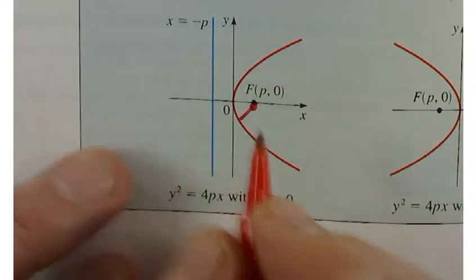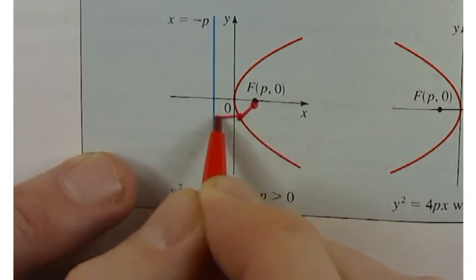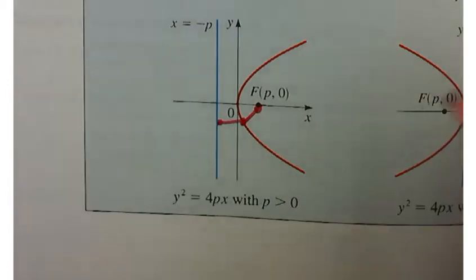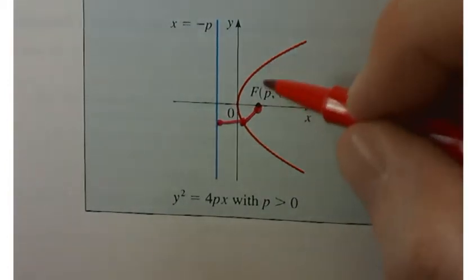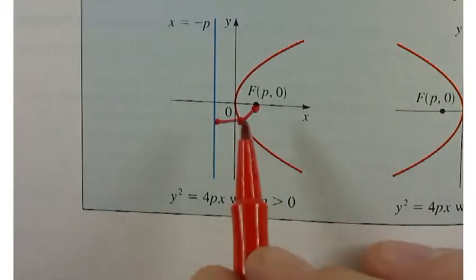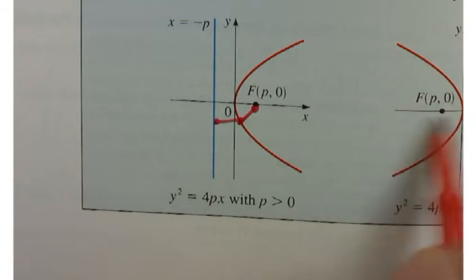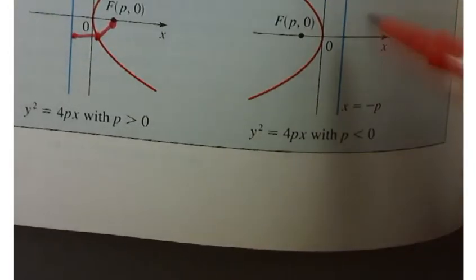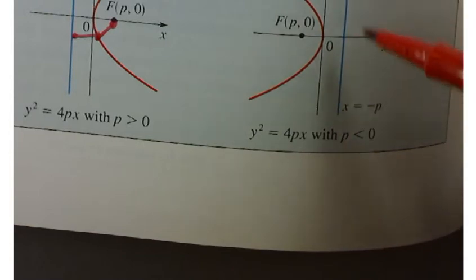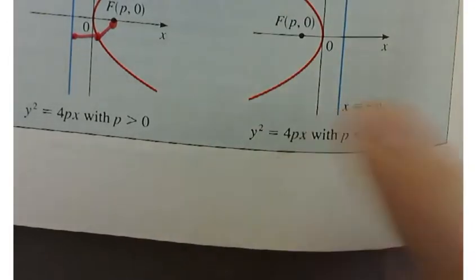So this distance there and this distance here should be the same no matter what point on the parabola that you choose. You don't have to remember the definition so much, as what you do have to remember is that the parabola is going to open around your focus and away from this line called the directrix. Those are the big points that you need to keep in mind when you're graphing the parabola. It opens around the focus and away from the directrix.